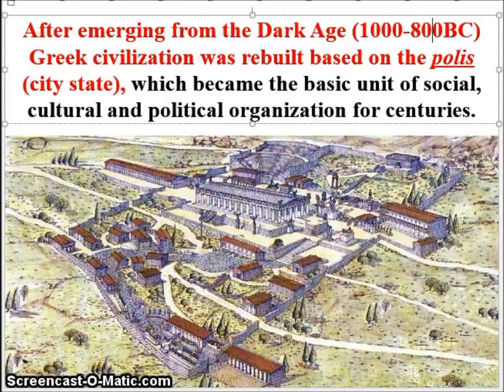Everybody has to perform their role if indeed the polis is to survive as a viable entity.